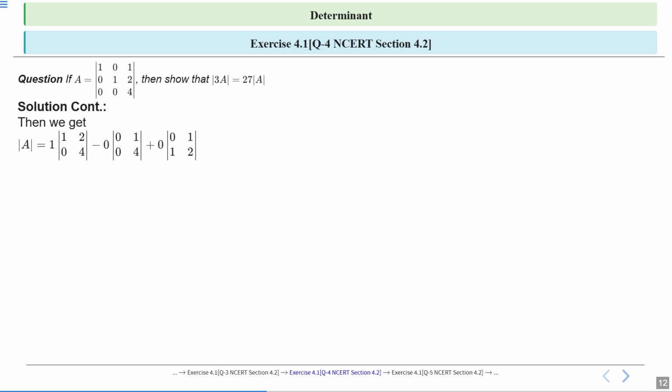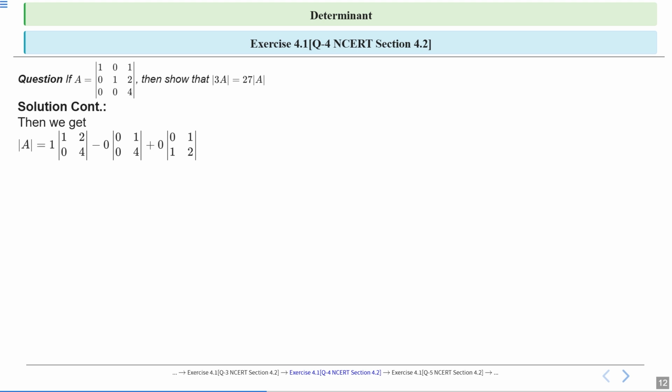Minus 0 into, as the indices of 0 are 2 1, we cancel the second row, that is 0 1 2. Just see in the matrix. If we cancel the row 0 1 2 and the first column, that is 1 0 0, we are only left with the matrix 0 1 and 0 4.